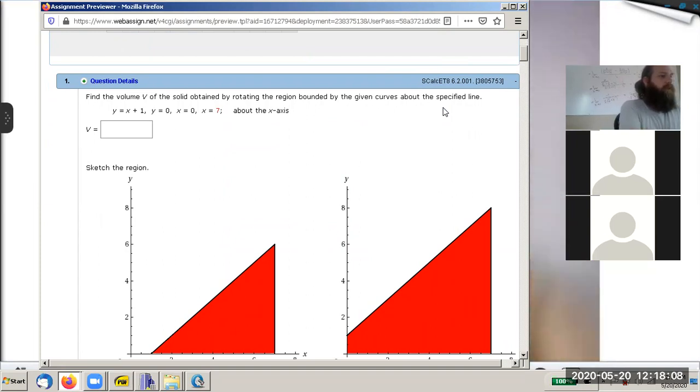That just takes so long. This is homework 2, problem 1. We've got y equals x plus 1, y equals 0, x equals 0, x equals 7, rotated about the x-axis.